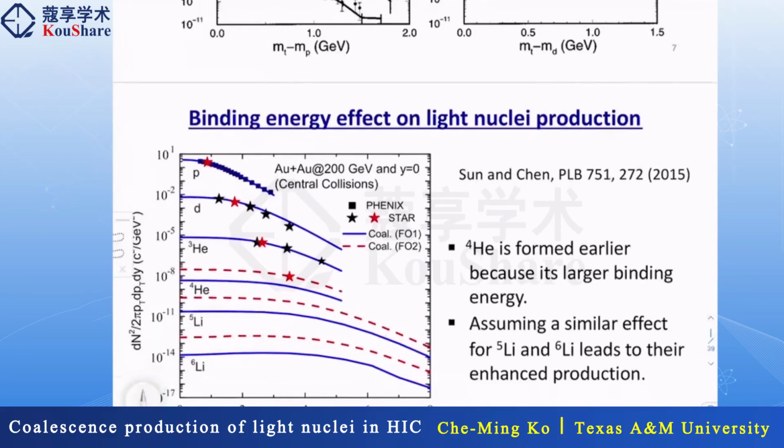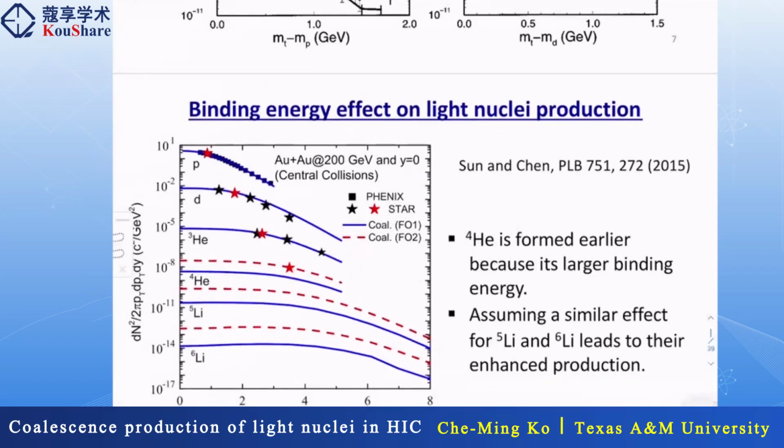That's 2015, when Kai-Jia Sun and Lie-Wen Chen also used a coalescence model to study light nuclei production at RHIC, going up to 200 GeV at mid-rapidity, and the data given by PHENIX and STAR are those symbols.